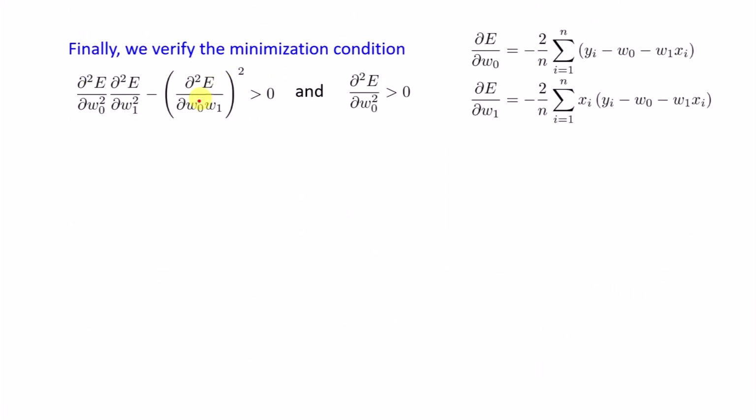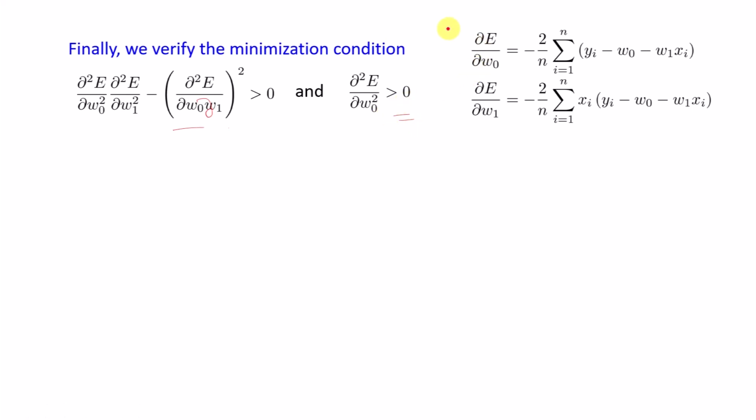So finally, we have to verify this minimization condition. My minimization condition is that del 2e del w0 squared times del 2e del w1 squared minus this cross derivative squared should be greater than 0, as well as this del 2e del w0 squared should be greater than 0, to ensure that we are actually minimizing this.